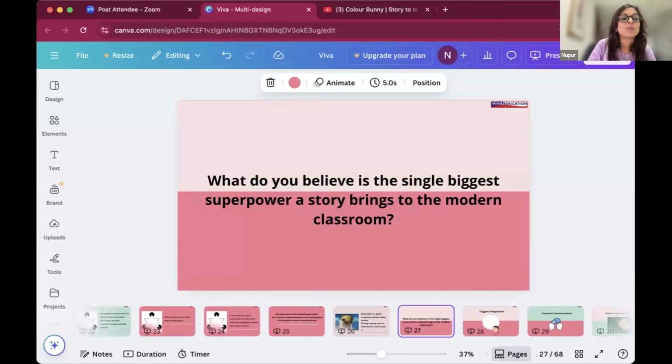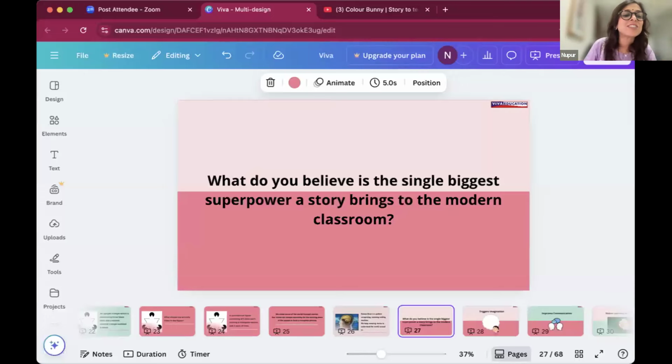And there the answers have started pouring in. I'm not able to match up to your speed. To capture attention, trigger creativity. Okay, most of you have written imagination, to help children focus, to connect with the kids, to bring joy to learning, to make classroom interesting, to help students imagine. Okay, imagination.